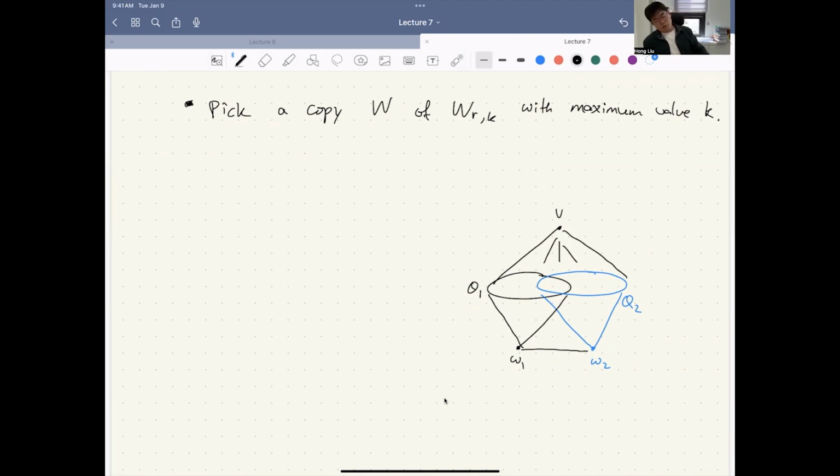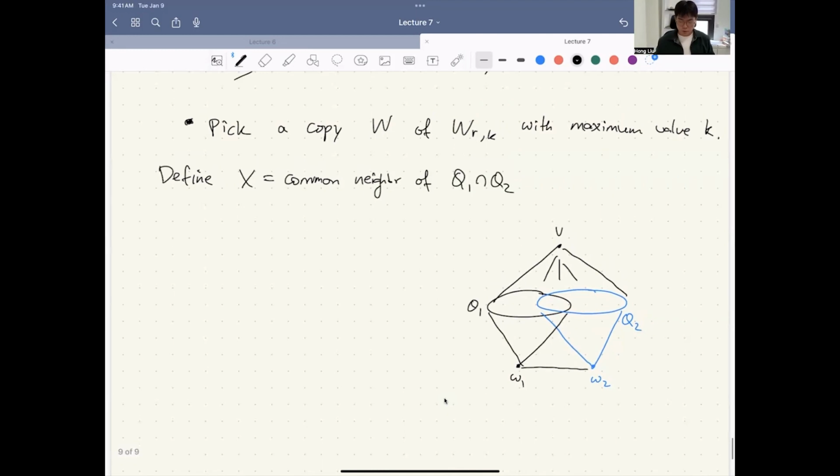Basically, we're going to double count the degree sum for the vertices in W. That's the idea. So we first define a set X, which is the common neighborhood of the vertices in the intersection of these two cliques Q1, Q2. Okay, so what is X?